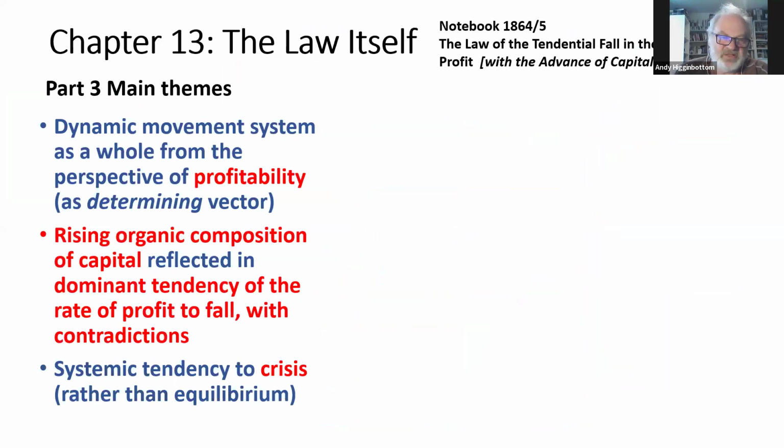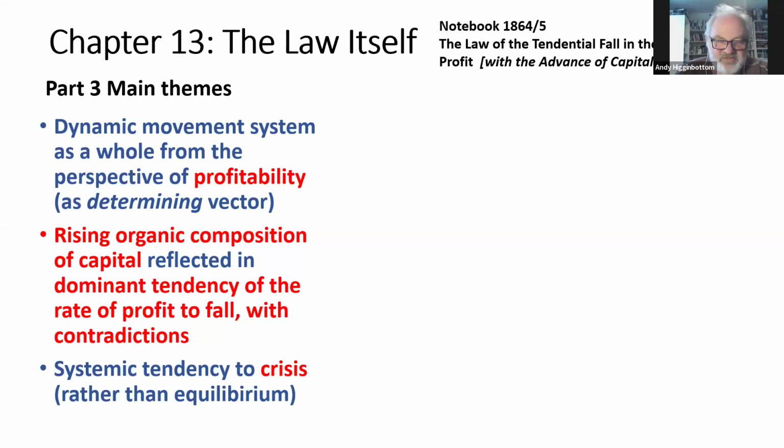The main themes of these chapters are that there's a dynamic movement of the system as a whole in terms of profitability of capital. And in many ways, he says it's the determining factor in the movement of the system as a whole, right? Now that's built, as in the general law of accumulation, around the idea that there's an inherent tendency as capital accumulates for the organic composition of capital to rise.